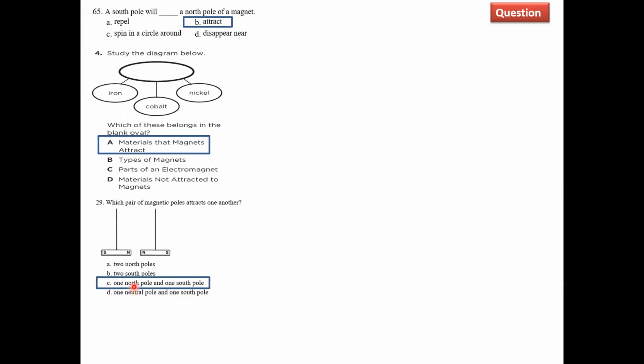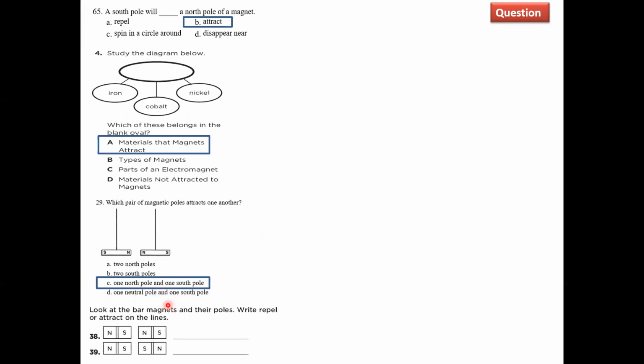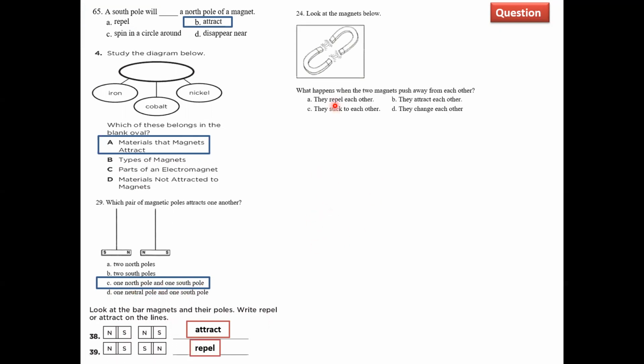Yes, C. One north pole attracts one south pole. Look at the bar magnets and their poles: repel or attract? Here, attract. And here, south and south, it's repel. Excellent.